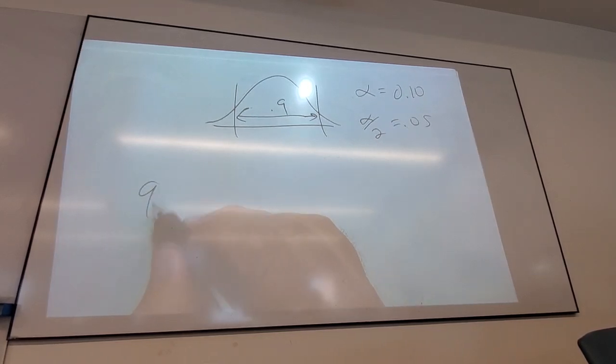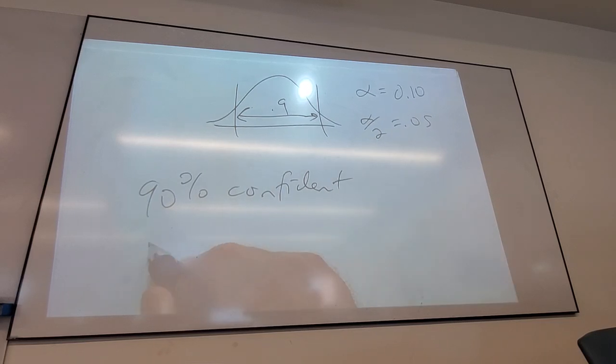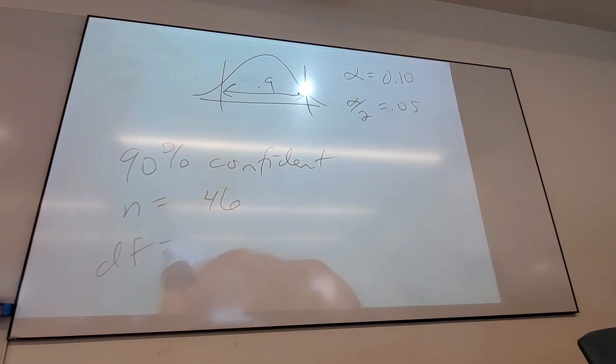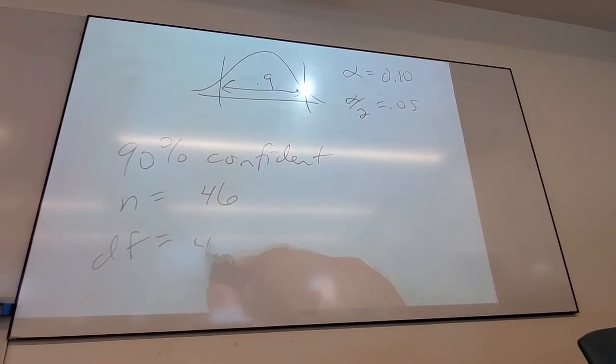Let's say I want to be 90% confident, and I have n equal to 46. First question I have for you is, what's the degrees of freedom? 45, I like it.